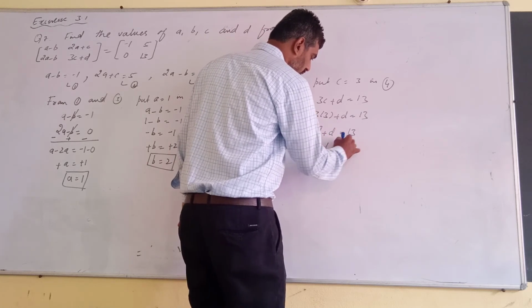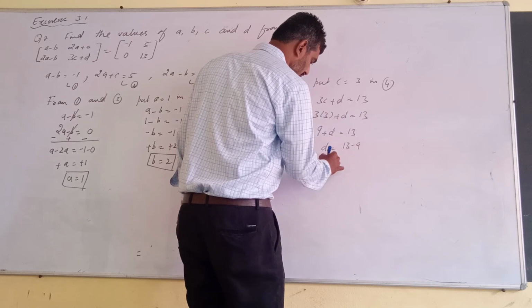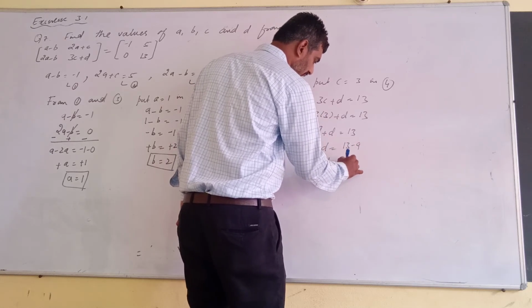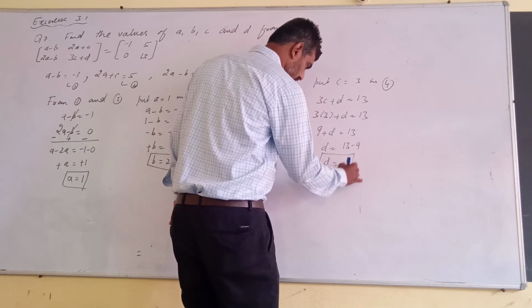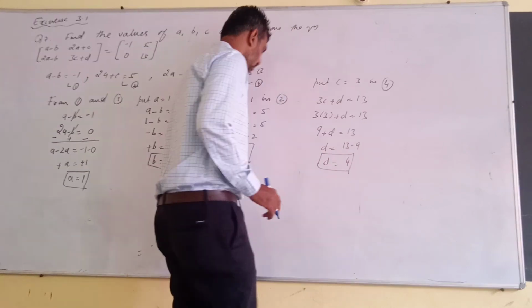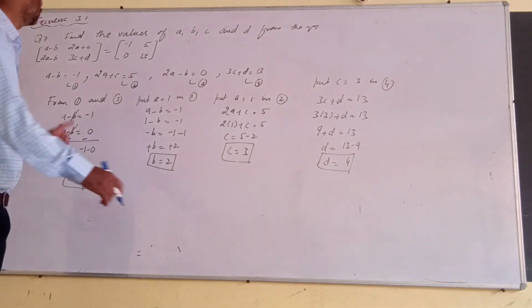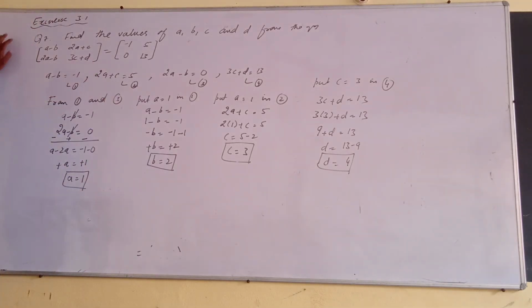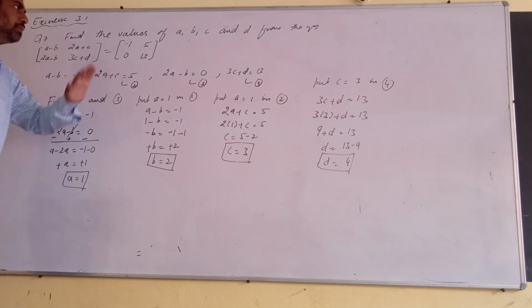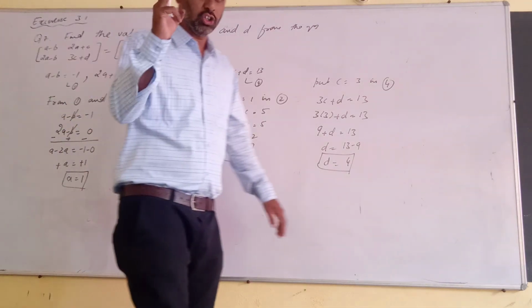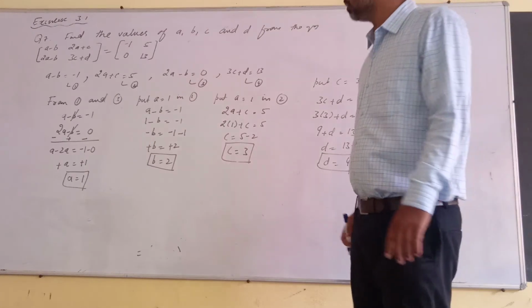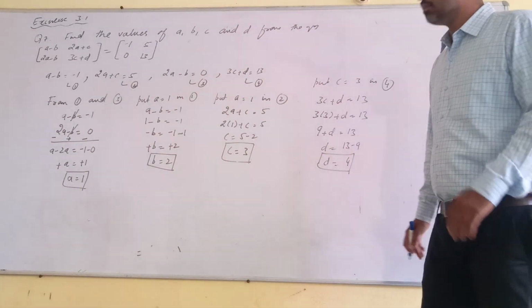D is equal to 13 minus 9. We got A value, B value, C value, D value. We got all the values. This is very simple, and our examples are very important for 3 marks. Very, very important. Hope everybody can understand this question.